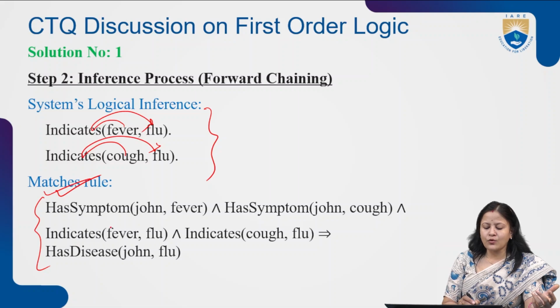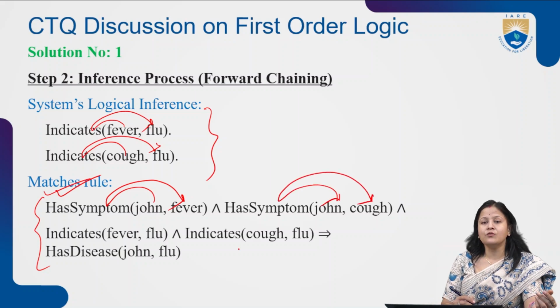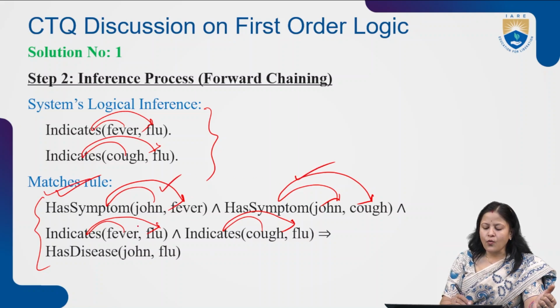So what is the matching rule? John has symptom fever. This symptom is given to the machine. John has symptom cough. This symptom is also given to the machine. Then fever indicates flu, which we have already stored as a rule. Even cough indicates flu, which we have already stored inside the machine. Then from these four, the machine will understand that John has the disease flu.